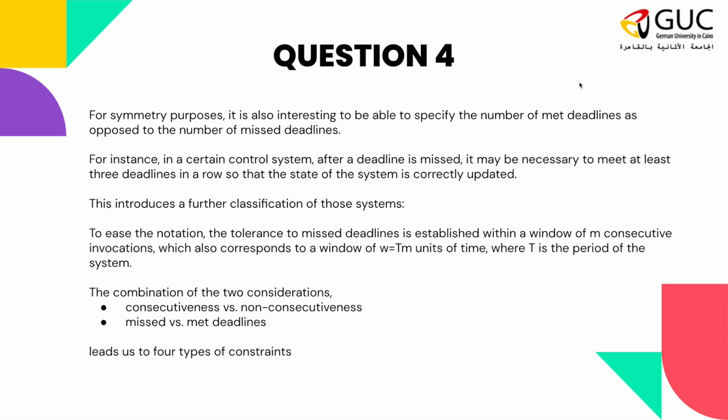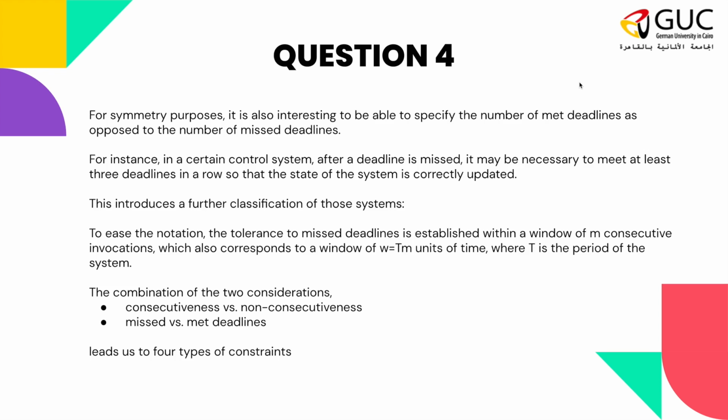To ease the notation, the tolerance to missed deadlines is established within a window of m consecutive invocations. So here we say that m is the total number of consecutive invocations, which also corresponds to a window of w equal to t multiplied by m units of time, where t is the period of the system.